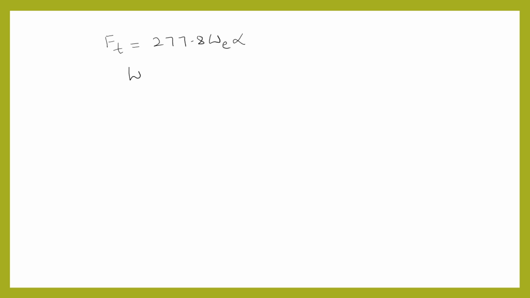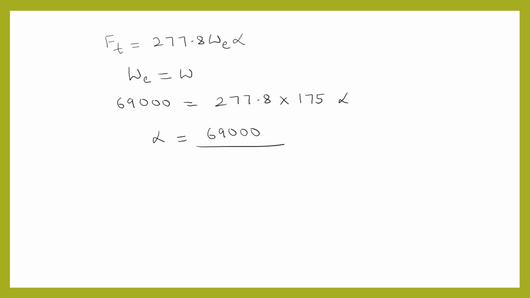Since the rotational inertia effect is not given, consider We equal to W. Therefore, we have 69,000 equal to 277.8 into 175 alpha. Therefore, the acceleration alpha is given by 69,000 by 277.8 into 175. We get the value around 1.42 km per hour per second.